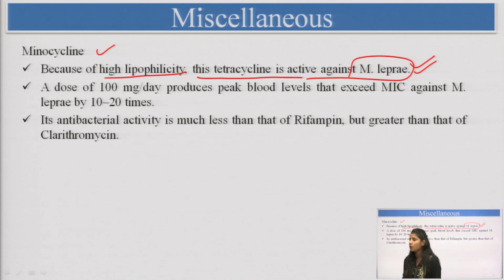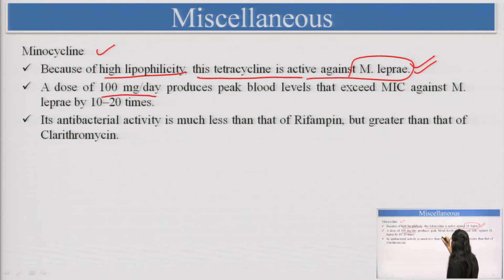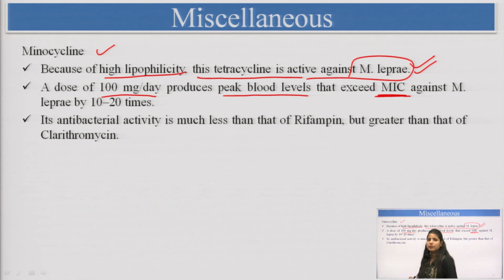How much dose is required? Nearly 100 mg per day produces peak blood levels that exceed the MIC, minimum inhibitory concentration. How much quantity is required to inhibit the bacteria is known as MIC. So, nearly 100 mg per day is required.